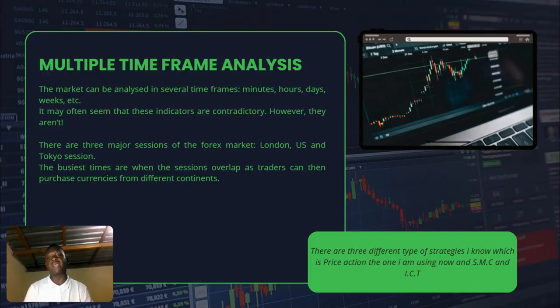Forex trading happens in different market sessions. Firstly, we have the London session, New York session, Tokyo session, and Asian session. The busiest times are when sessions overlap because trading volumes increase.